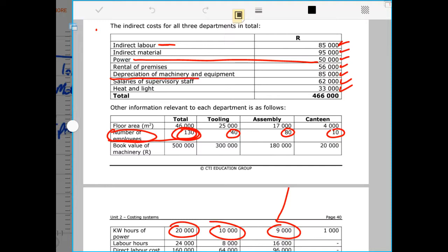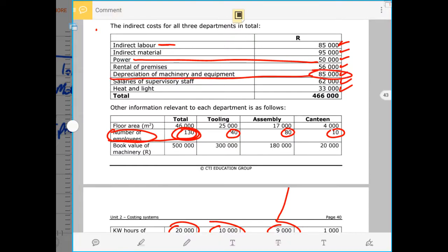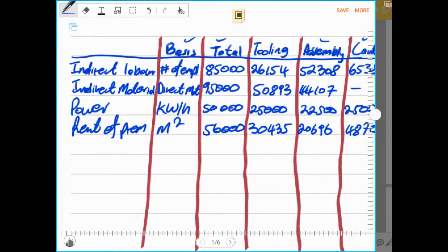The depreciation of the machine and equipment is 85,000 rands in total, and it will be allocated using the value of the machine, or the book value.